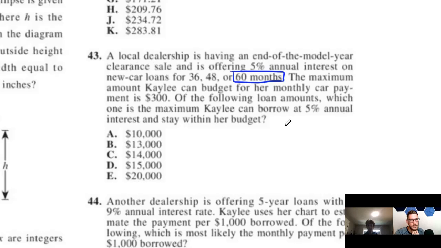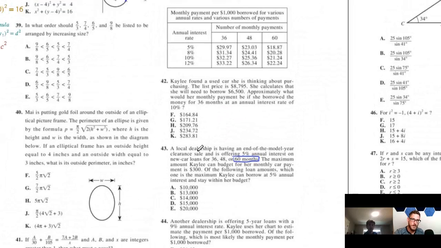So, 5% annual interest. How do we want to do this? You can see that you have 5% on the graph above, so you know that you get 18.87.